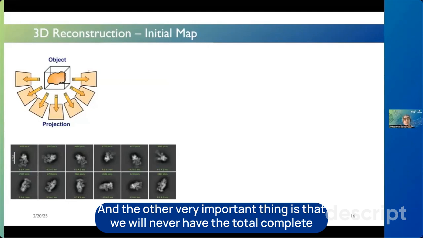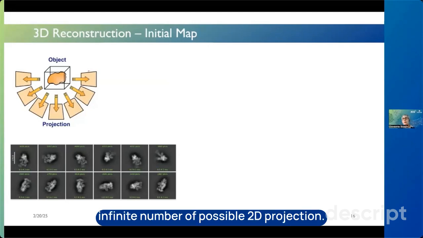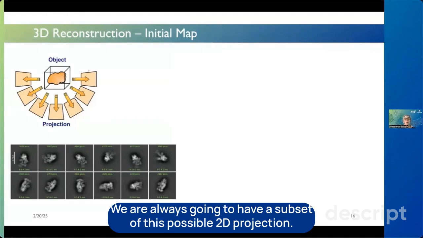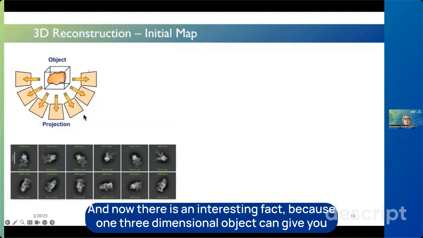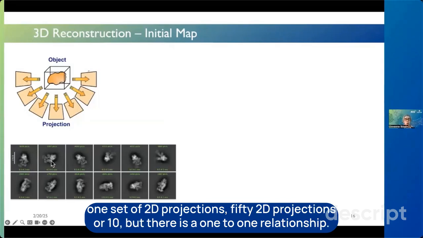The other very important thing is that we will never have the total, complete, infinite number of possible 2D projections. We are always going to have a subset of these possible 2D projections. And now there is an interesting fact, because one three-dimensional object can give you one set of 2D projections, 50 2D projections or 10, but there is a one-to-one relationship.